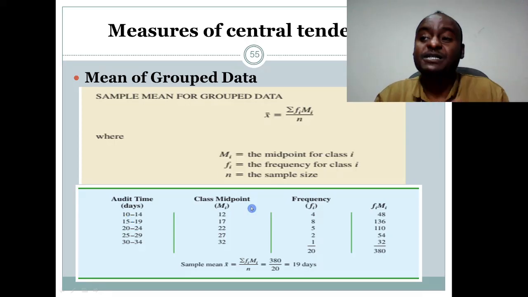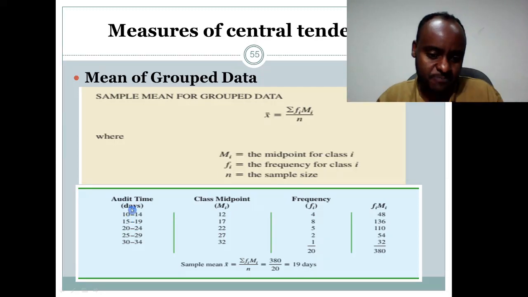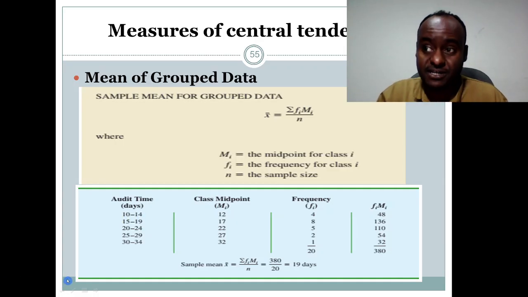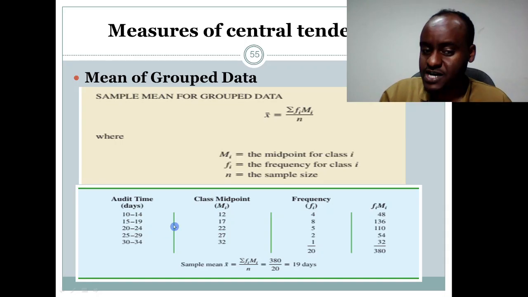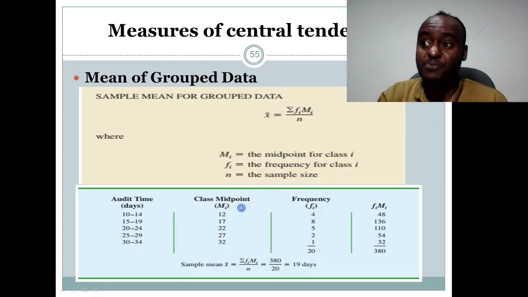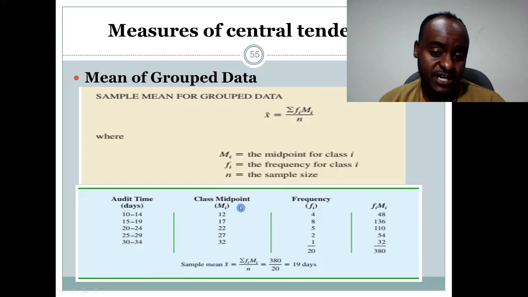That is the class midpoint. It is an average, it means you just need to divide by 2. So 10 plus 14, you add these two and then divide by 2. The number of observations you have is 2, so n is 2, in this case 10 and 14, so that you want to get the middle value. That is the midpoint, the middle value. Sum them, divide by 2, and then you get the midpoint.